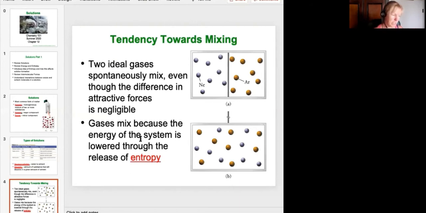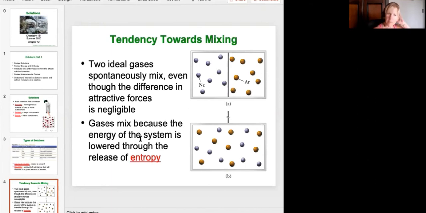So if I take a sample of neon gas and a sample of argon gas and I have them separated and I remove the separation, they're going to spontaneously, without any interference on my part, mix together and form a solution. That solution has the same energy in terms of potential energy, but something has allowed those gases to mix. There's another energy term there that's favoring that, and that's entropy.